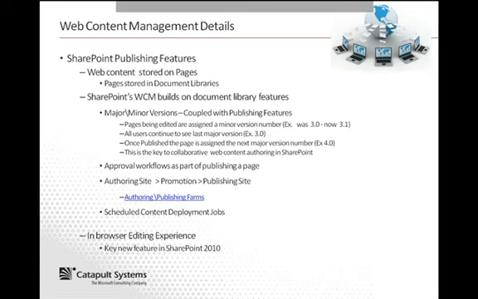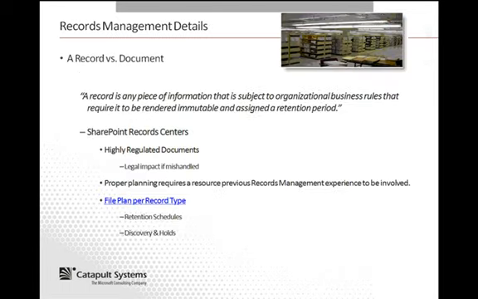And our last section, records management, totally different from web content management, similar to document management. And really it comes down to this: what is considered a record inside of your organization? Yeah, it's a document, but this is a document that has some special requirements around it.